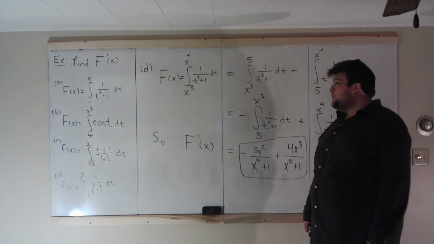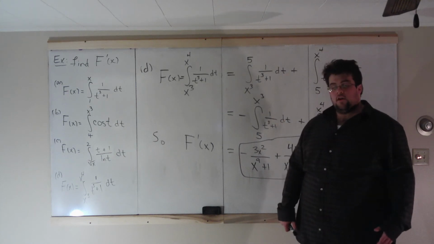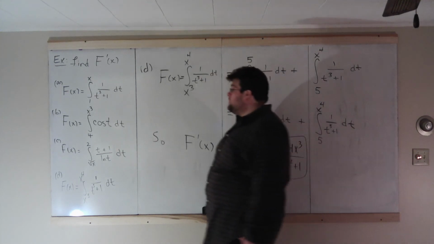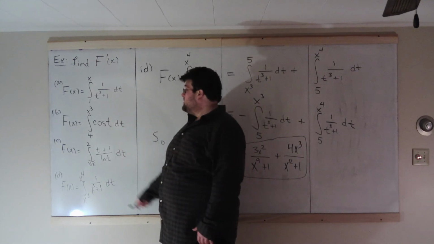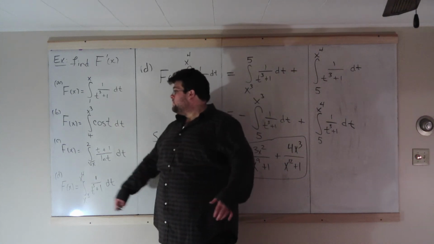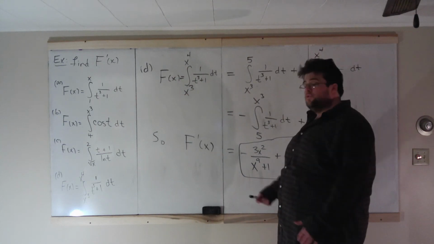It would equal, well, we haven't had that video yet, so after the next video you might want to come back to what I'm about to say. This would equal sine of t evaluated at that minus evaluated at that. So sine of x cubed minus sine of 4, and then take the derivative of that.